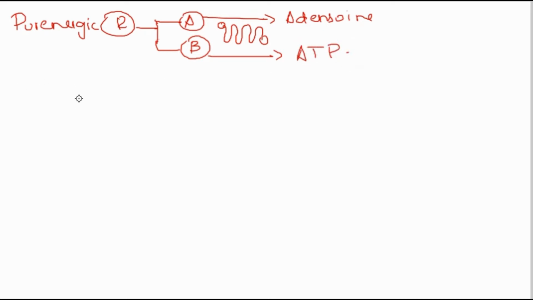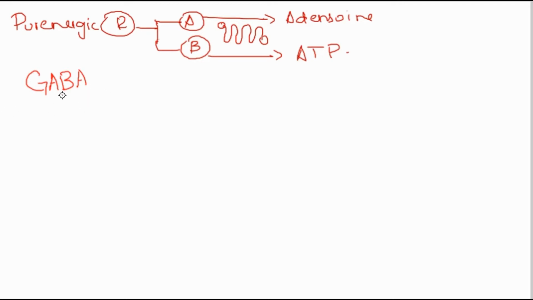Now there is another class of receptor present in our body, a very important class known as GABAergic receptors, known as gamma aminobutyric acid receptors. They are very important receptors present throughout the CNS. They basically have an inhibitory effect.